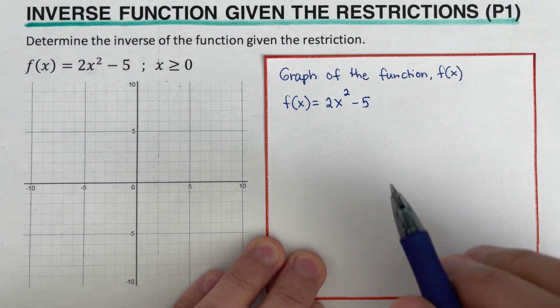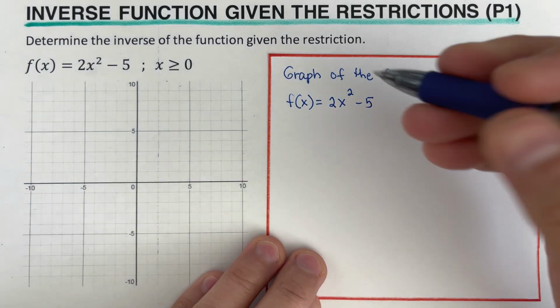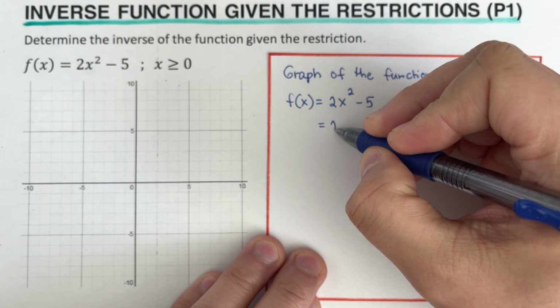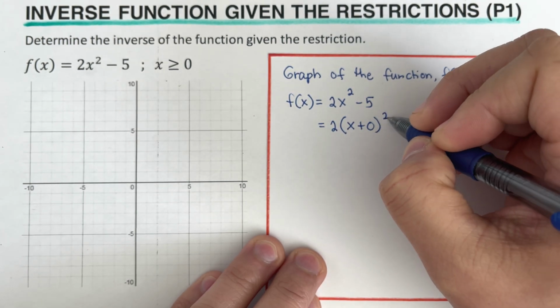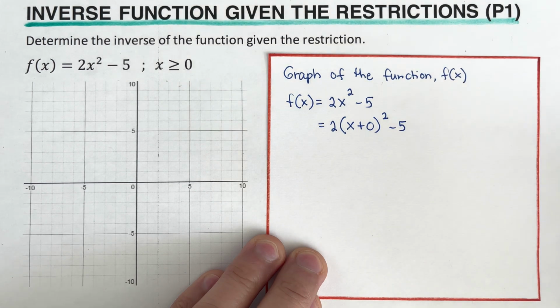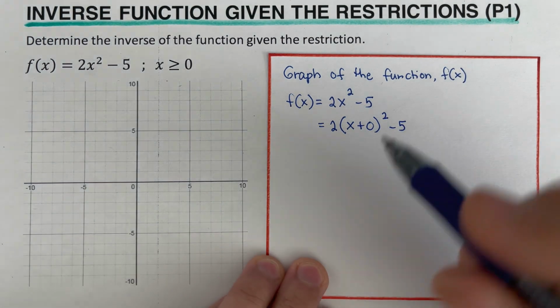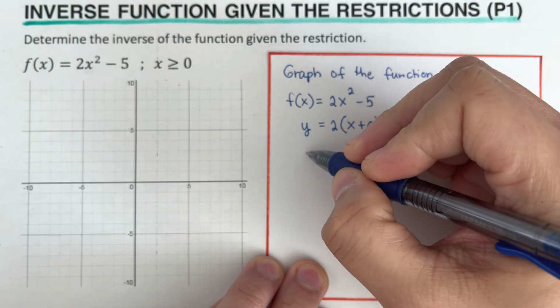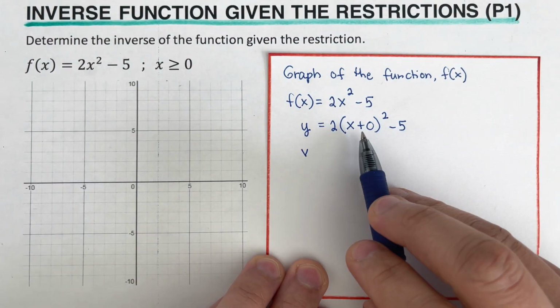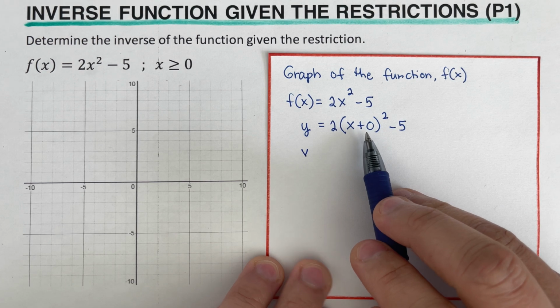We can actually change this to its graphing form, which would come out to 2 parentheses x plus 0 squared minus 5. So from here we can say that our vertex, just by looking at this, remember we switch and keep, but since it is 0, it doesn't really matter.